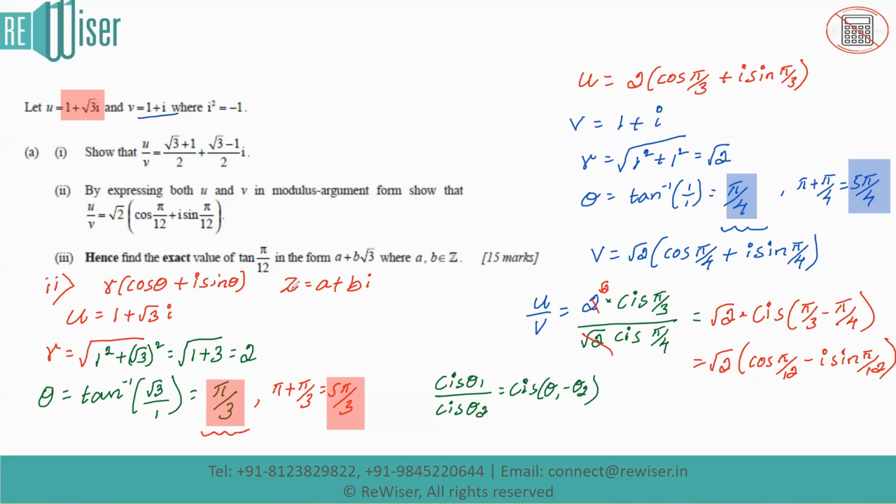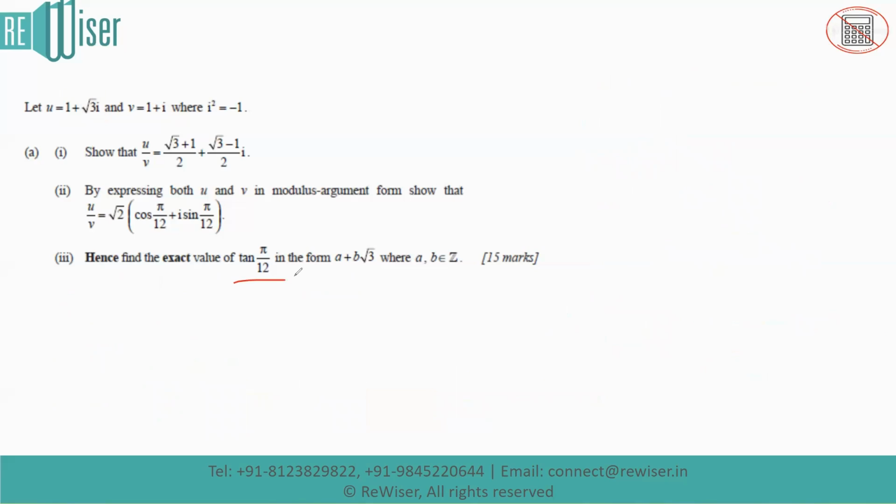Now, finally, if I talk about part 3, we need to figure out the exact value of tan pi by 12. In order to do this, we have to consider taking these two things. Both these u over v are the same. So what we could do is, u over v for part 3 is going to be equal to root 3 plus 1 over 2 plus root 3 minus 1 over 2 i.